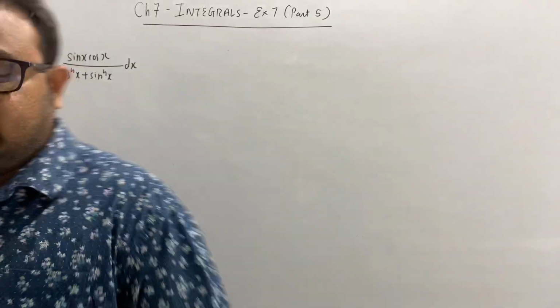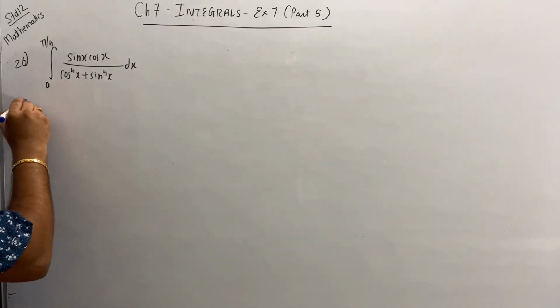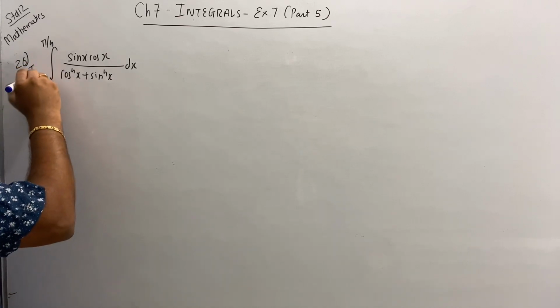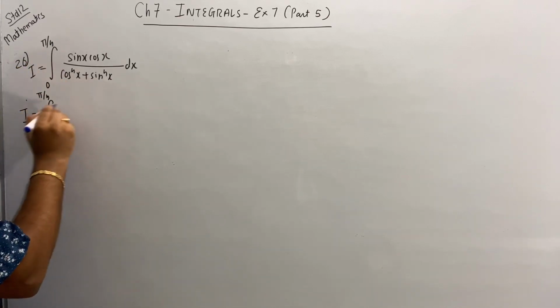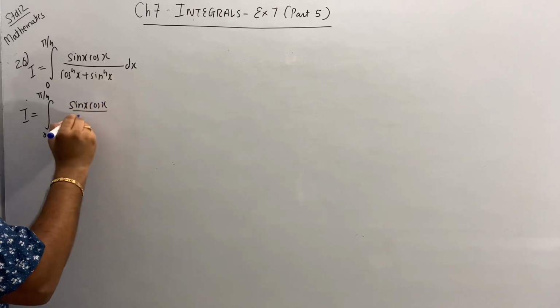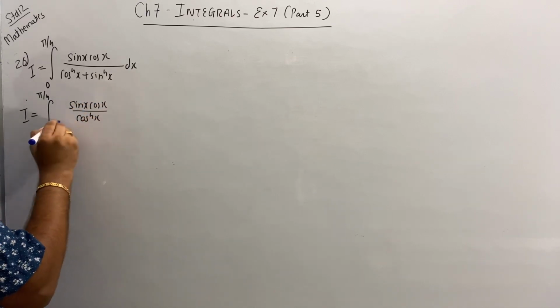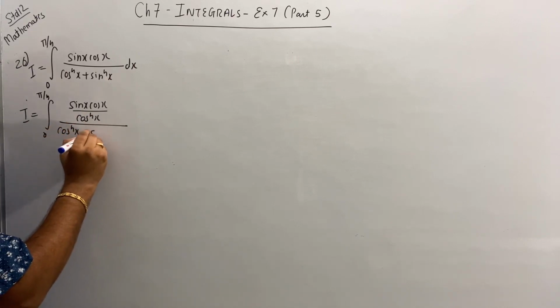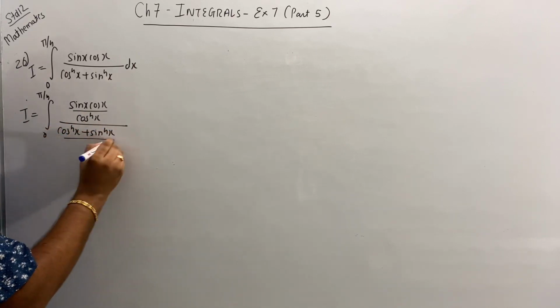Clear? See, let's start. The integral from 0 of sin x cos x upon cos raised to 4x upon cos raised to 4x plus sin raised to 4x.